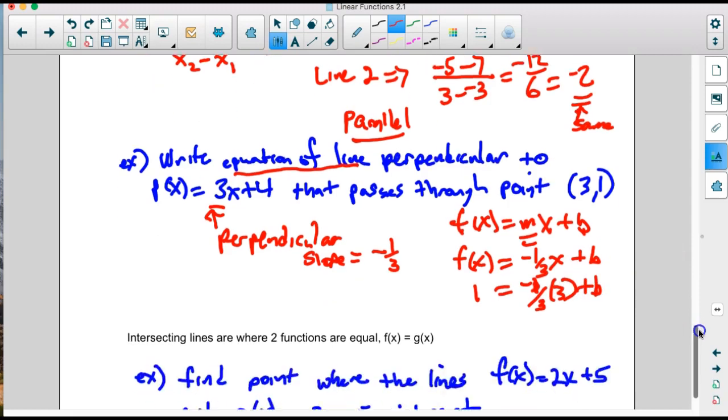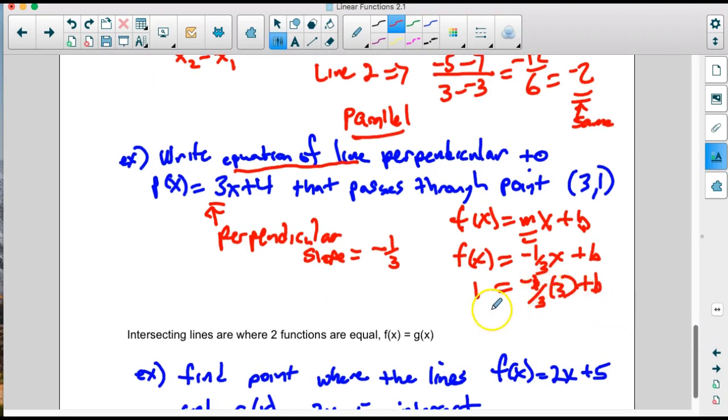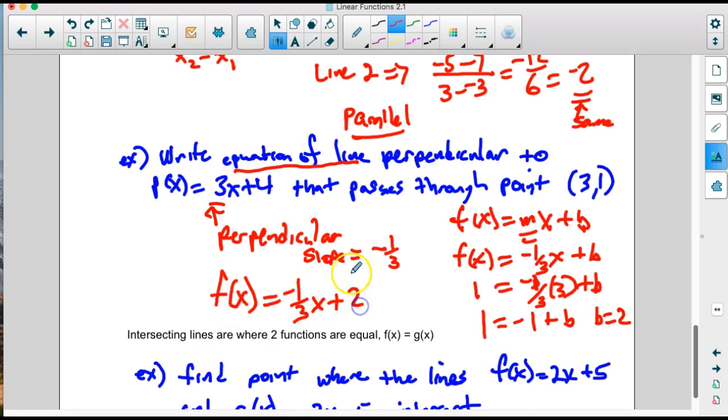So that's going to give us -1 here. So 1 equals -1 plus b. So b is 2. So our equation is going to be f of x equals -1/3 x plus 2. So we found the slope, then we plug the point into a generic equation with that slope to find the intercept.